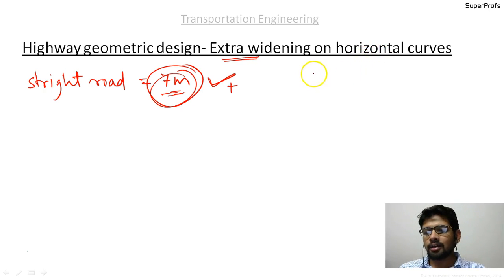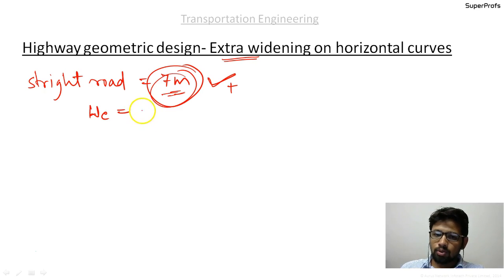There is a good reason why we provide this extra widening on the horizontal curve. I'll discuss the reasons, but the extra widening provided is composed of two terms: the mechanical widening and the psychological widening.